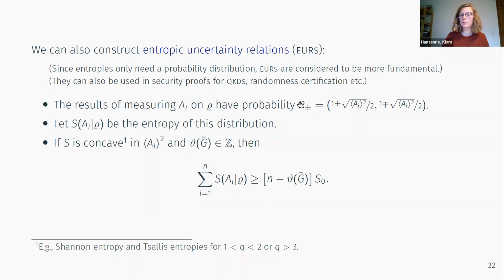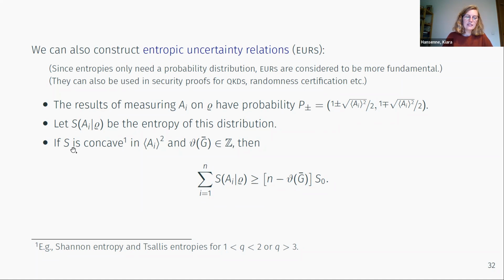Okay, so now for our problem, we take the results of measuring our observable AI on the state rho, and we end up with some probability distribution here. This probability distribution comes from the fact that the observables have eigenvalues plus or minus 1. They square to identity, so that's why we have a probability distribution of this form. And we can notice that it only depends on the square of the expectation value. So now we can write the entropy of our distribution like this.